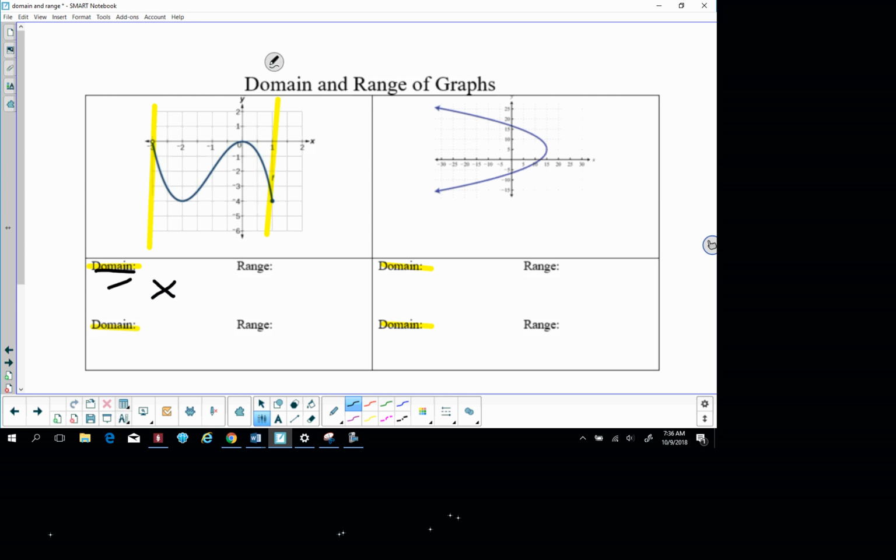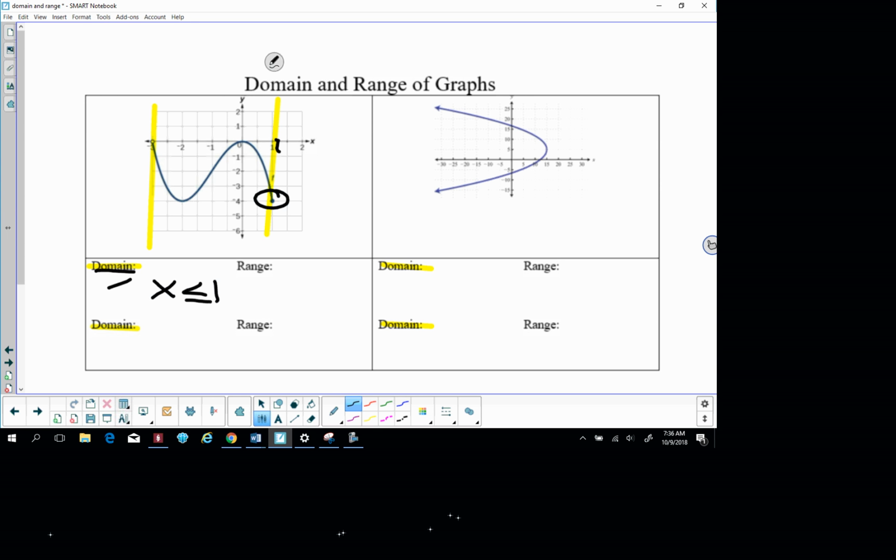What's the highest X in this graph? 1. See how the biggest X on that graph is 1? I'm going to put 1 right here. See how it's a filled in circle on 1? I'm going to put a line underneath it. I remember when I did inequalities, when the line's underneath it, it's a filled-in circle, that means it includes that number.